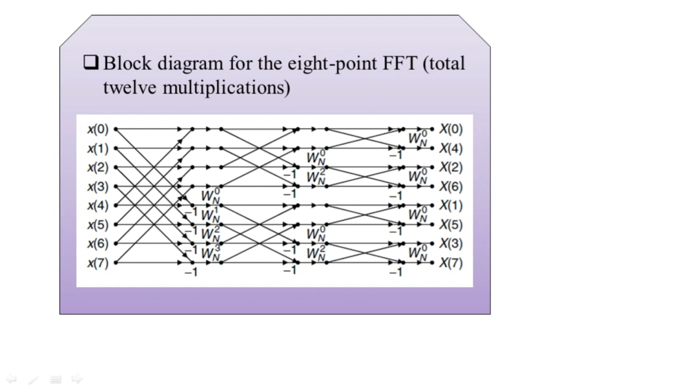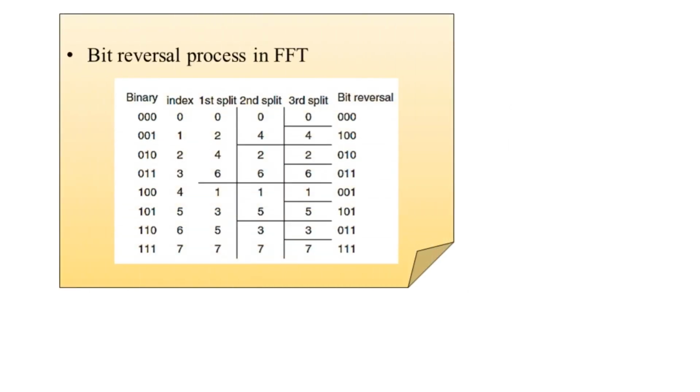Now upon having the bit reversal process in this fast Fourier transformation, the tabulation is very informative. So here we have the first column representing the binary combinations like 000, 001, 010, 011, 100, 101, 110, 111, having the relation to the indexes 0, 1, 2, 3, 4, 5, 6 and 7 in the respective manner here.